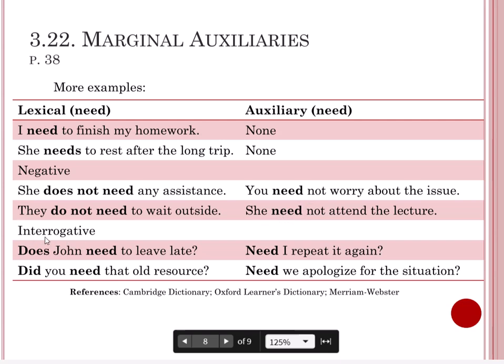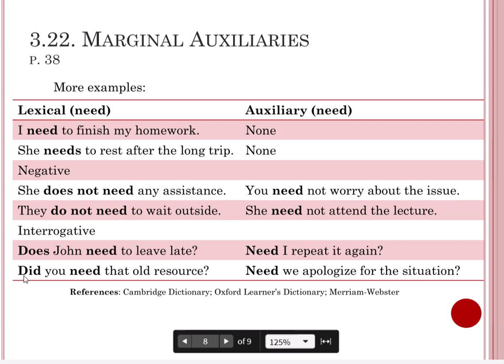With the case of the interrogative, the question, with the lexical verbs we need to add an operator. Does John need to leave late? While with the auxiliary verbs we just replace the subject and the verb because the verb need itself is the operator. Need I repeat it again?